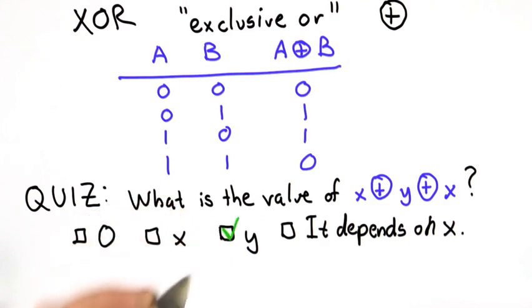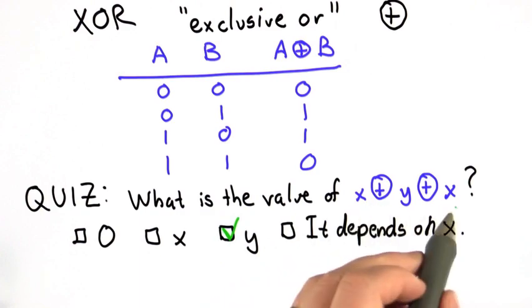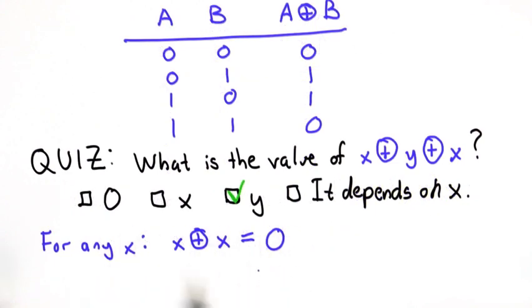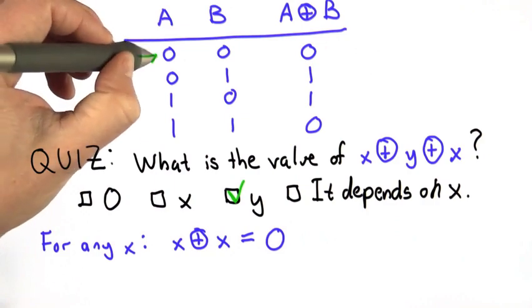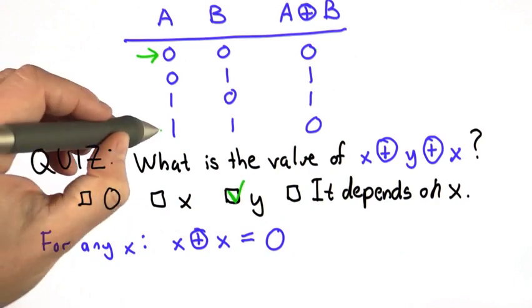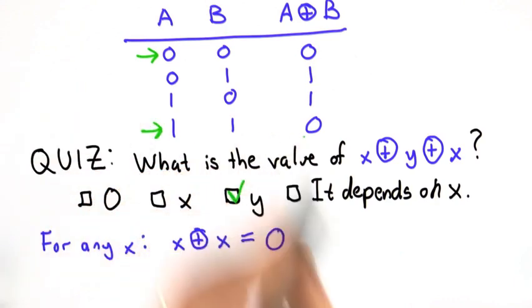So the answer is it's always y. And this is why this is such a useful function in cryptography. If we XOR in the value of x twice, they cancel out. So the general property for any value x, x XOR x is equal to 0. We can see that from the truth table, right? The value of x could either be 0, and 0 XOR 0 is 0, or 1, and 1 XOR 1 is 0.